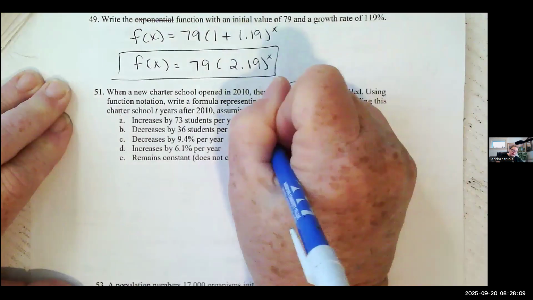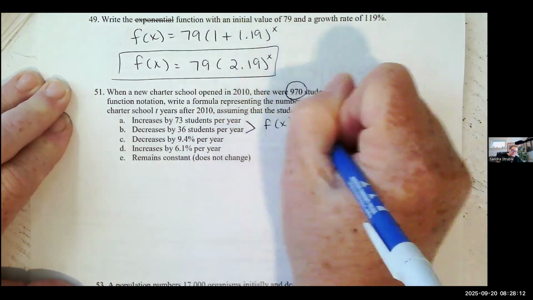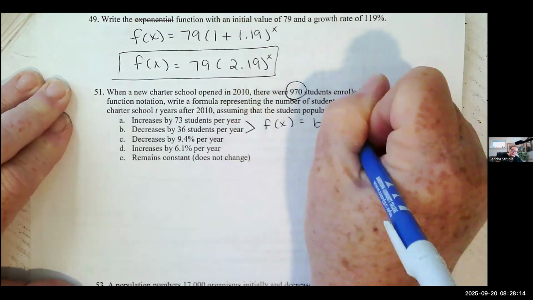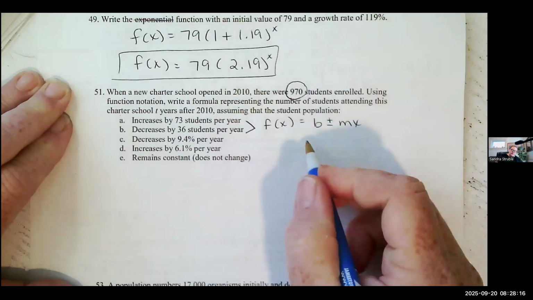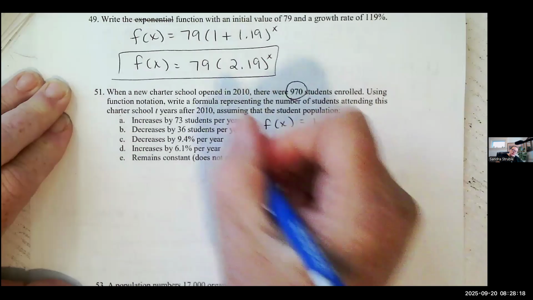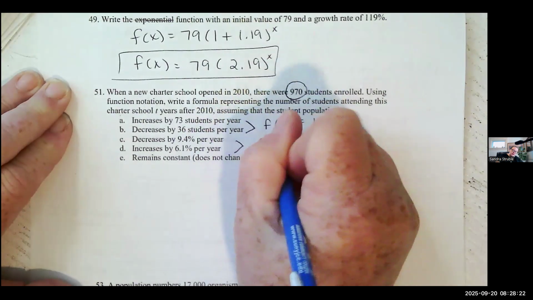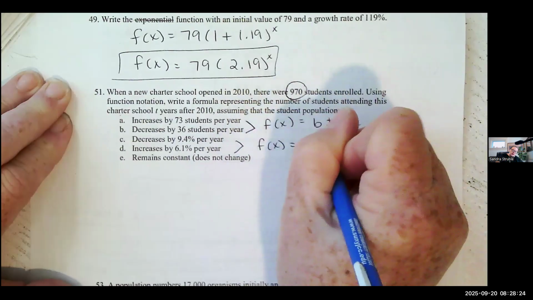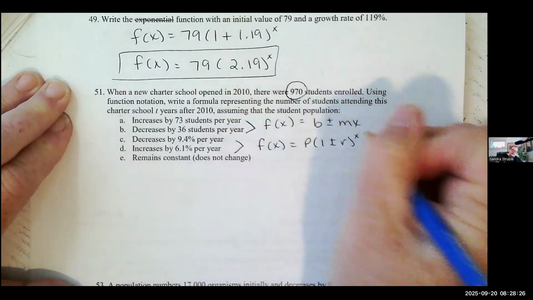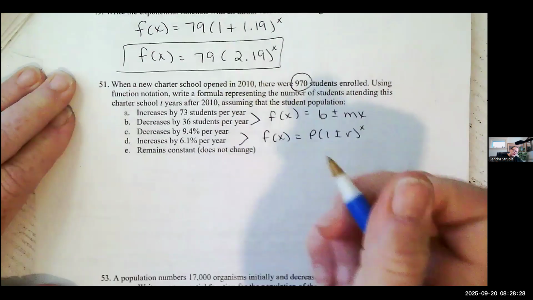And so you're going to use f of x equals b plus or minus mx for your function. And then these two are percentages. So you're going to use the exponential function, f of x equals p times 1 plus or minus r to the x for those. And we'll discuss the last one.